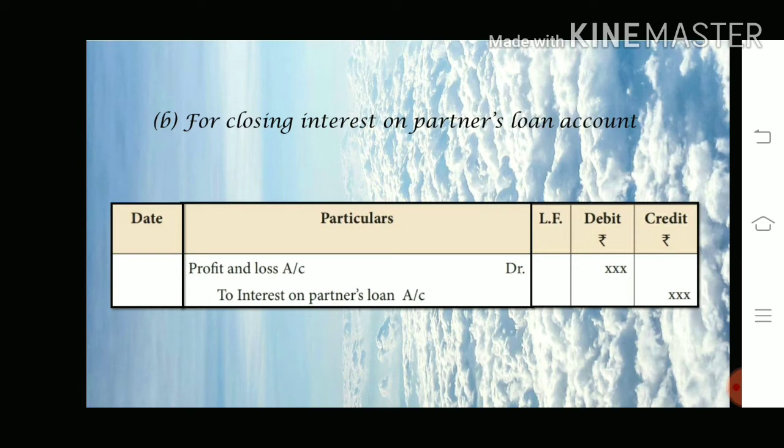Then closing entry: profit and loss account debtor to interest on partners' loan account. So interest on partners' loan, being an expense to the firm, is debited in the firm's books. Interest on loan is due to the partner and it is generally added to the loan amount due, and hence partners' loan account is credited.